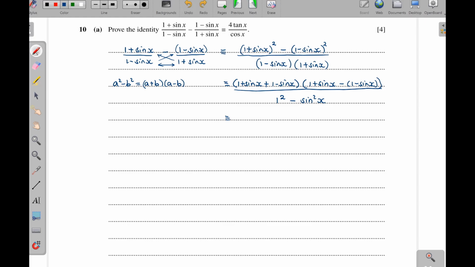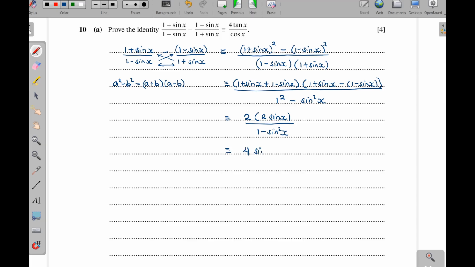Then 1 plus 1, you get a 2. Then inside here, what do we have? This one will cancel with this one here when you open the brackets. Then this is sine x. So a minus and a minus makes that one a positive. So inside here, we shall have 2 sine of x. And then this one here is, of course, 1 minus sine squared of x. So what do we have here?